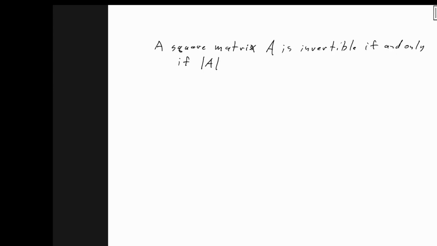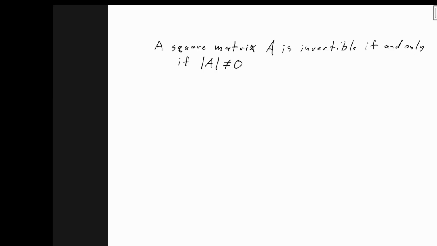What is really important for us, maybe the most important thing, is a square matrix A is invertible if and only if the determinant of A is not equal to 0.